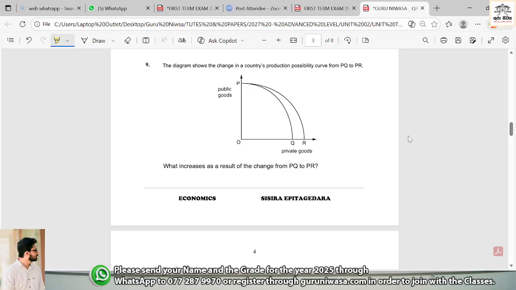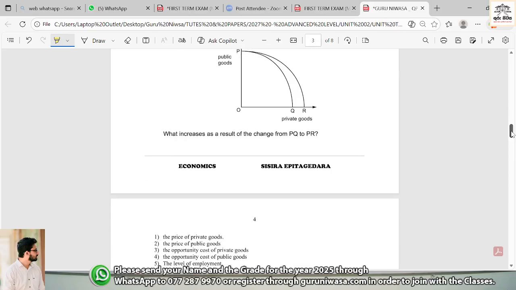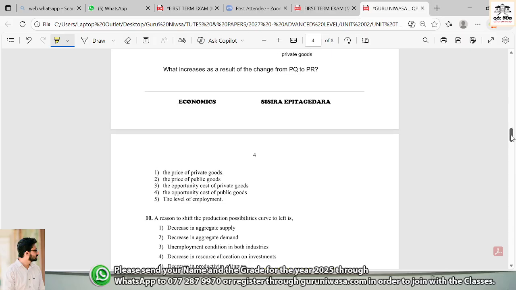There are five answers. Private goods production has increased. Therefore, it will cause an opportunity cost of public goods.